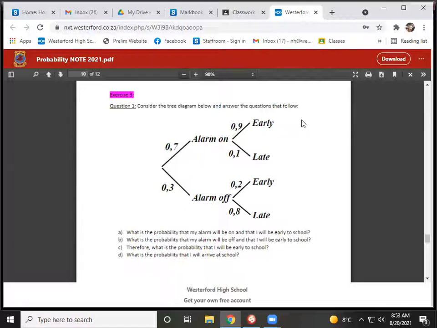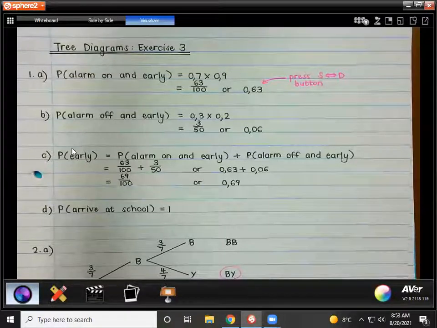Now guys, this probability is what I calculated in A. Sorry, alarm on times early, that was A. Alarm off times early was B. So now I'm going to take my answer from A and I'm going to add my answer from B. All right, so there we go. Probability of coming early is probability of alarm on and early plus probability of alarm off and early.